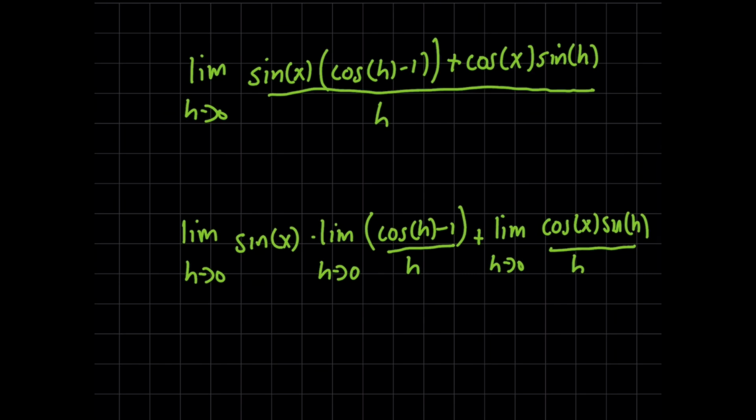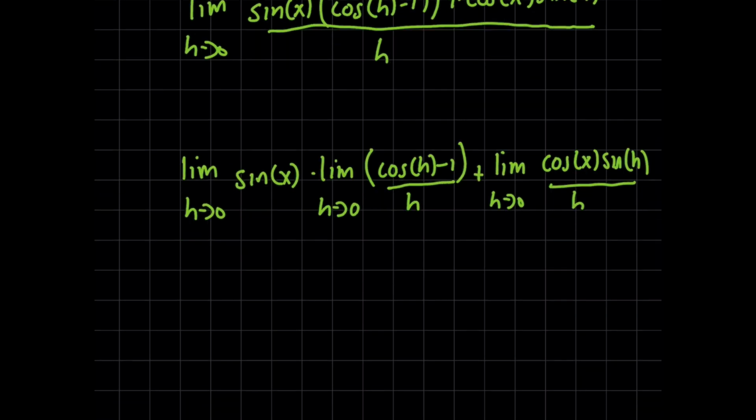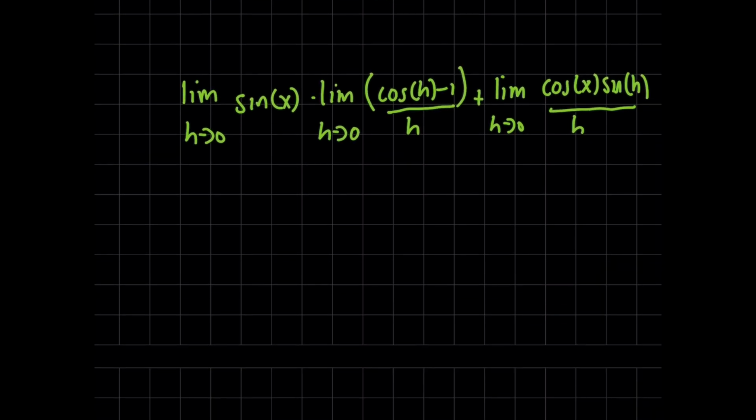So it's essentially keeping the x fixed almost as if it's a constant. So the limit as h approaches 0 of sine of x is just going to give you sine of x itself.